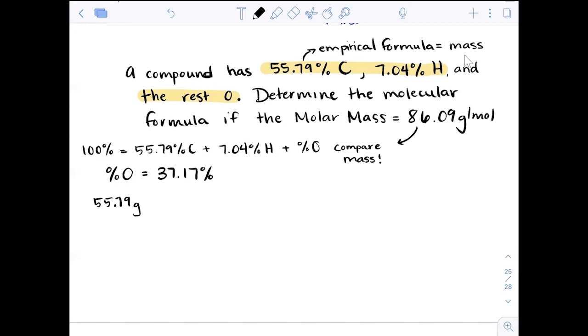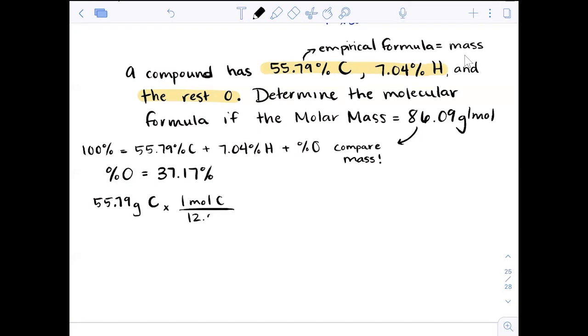Change it to grams. Let's assume that we have 100 grams of compound. We get to assume whatever we want here. If we have percentages, we can assume 1 gram, 10 grams, 100 grams. So 55.79% carbon tells us that out of 100 grams of sample, 55.79 grams of it is carbon.